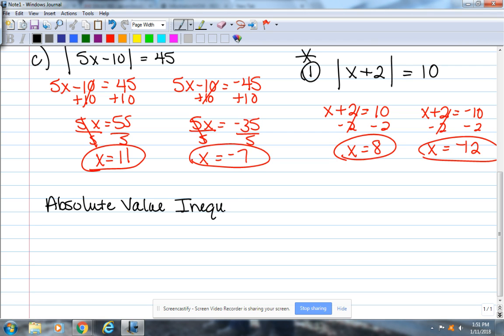We talked about them today. What symbols do inequalities have? They don't have equal signs. What do they have? Less than or equal to, greater than or equal to are all of our inequalities, right?